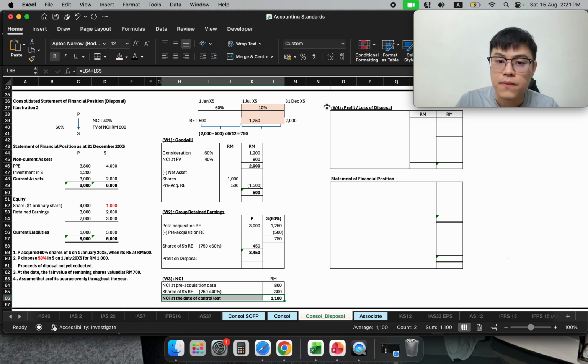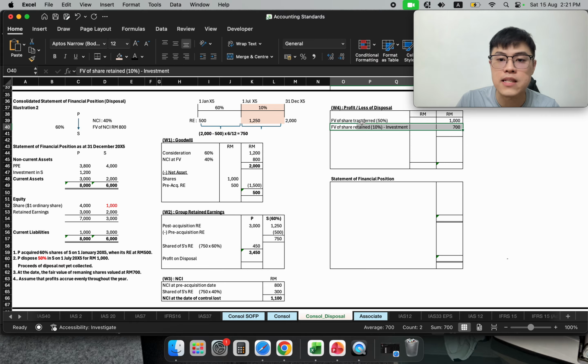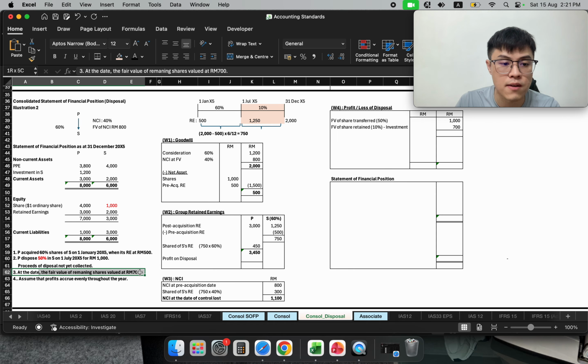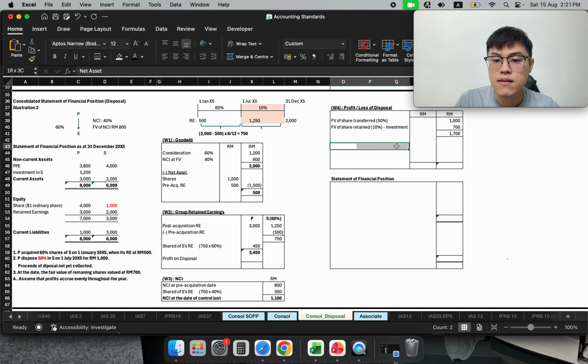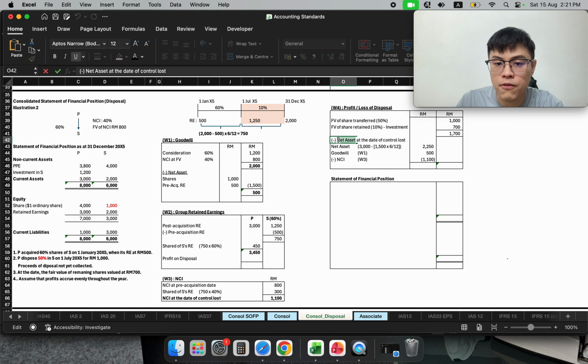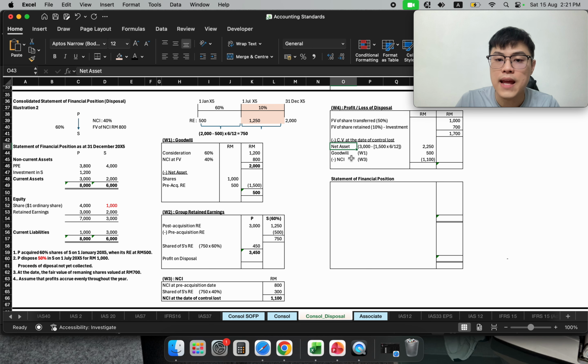Let's do the same thing. Fair value of transferred for the 50%, as per question, is 1,000. And we will need to recognize the 10% as a normal investment under IFRS 9, 700, as per question mentioned. Fair value of the remaining shares is 700. So total 1,700. And subsequently, we have the net asset, same things. We need to minus the carrying amount at the date of control loss. So the net asset, 3,000, is on this date.